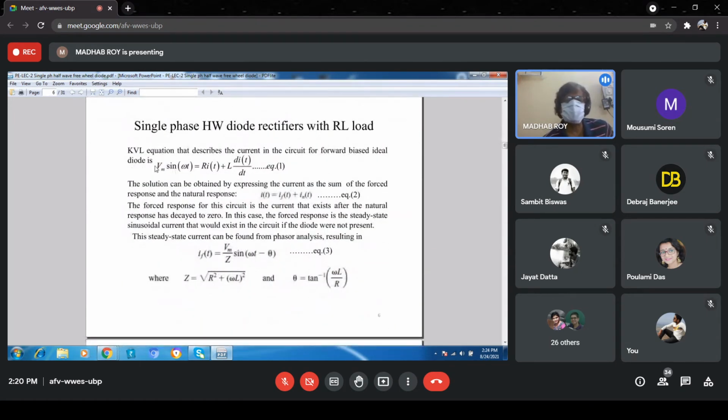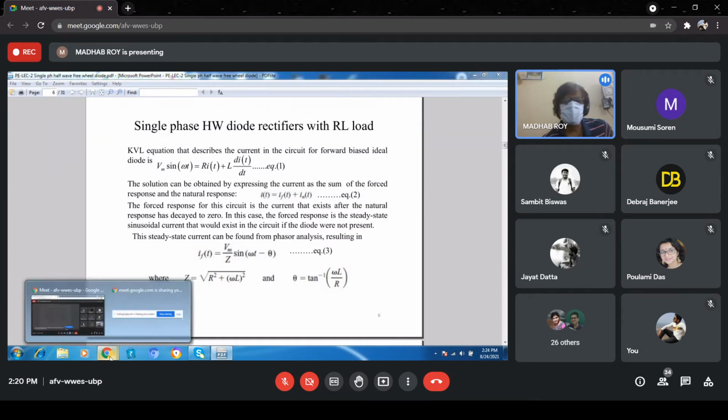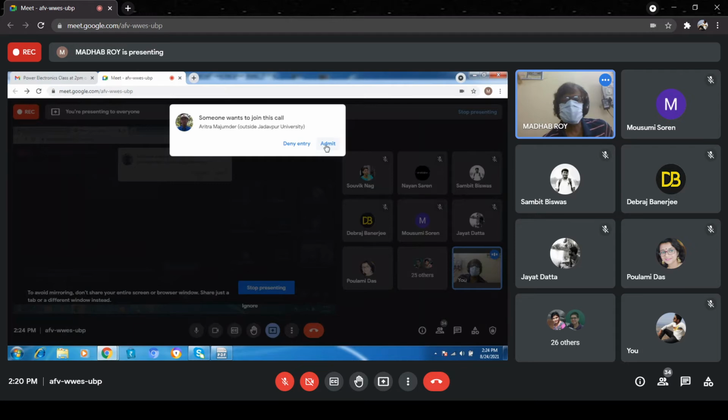Here you see that this is the KVL equation, the instantaneous time response of the current, normally called the dynamics of the current in the RL circuit, when the forcing function is Vm sin omega t. Now it is a first order differential equation in mathematics, and you solve this type of differential equation with the help of the solution method.